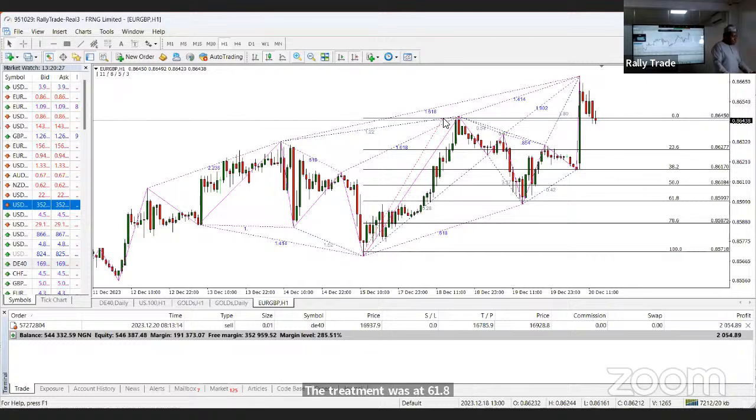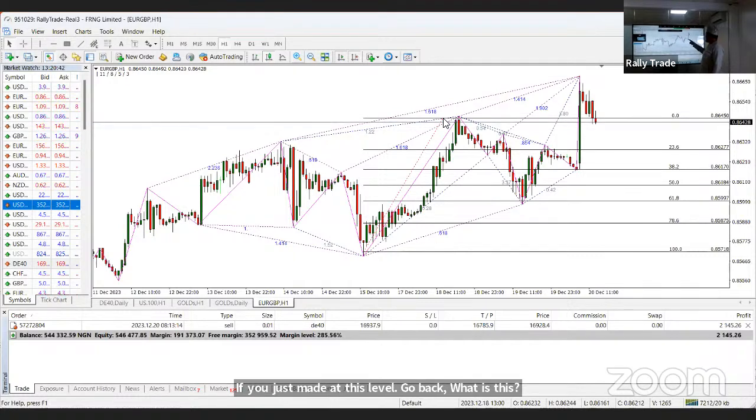But the price did not return to 78. The retracement at this level turned back at around 61.8. But instead of this retracement going back to 78 here, actually, they would have said a continuation pattern. So this one is already giving us what we want.